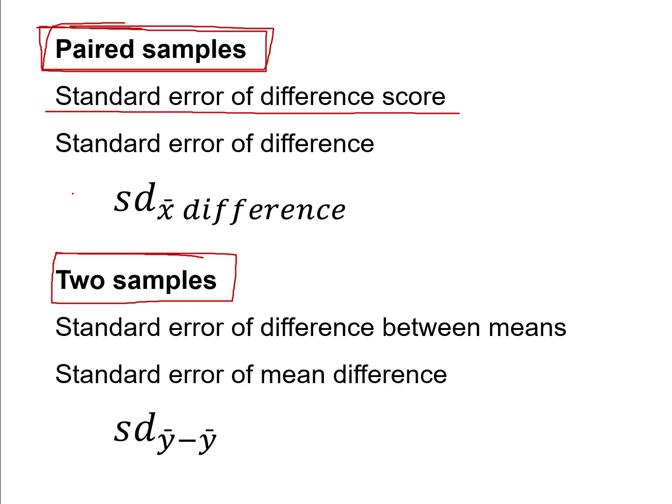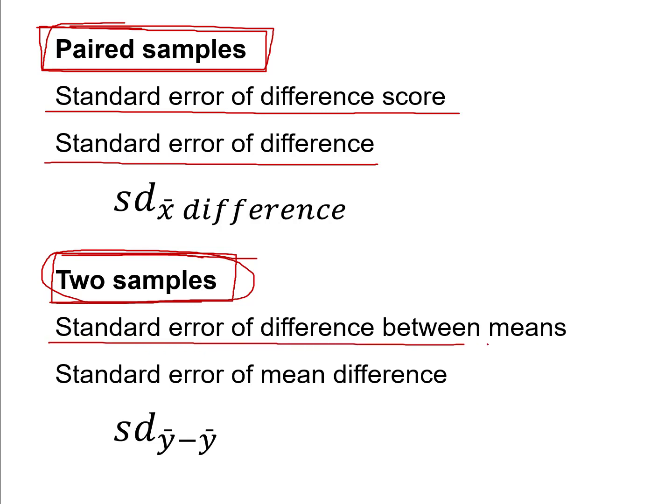And we could shorten that to simply call it the standard error of difference. Now, with the current example where I'm looking at a two samples analysis to test a contrast between two means, in this case, the standard error of our statistic is the standard error of a difference between means. Or if we wanted to, we could shorten that and simply call it the standard error of mean difference. That's a very common way to describe it, the standard error of mean difference.